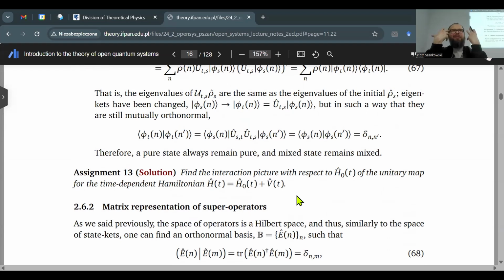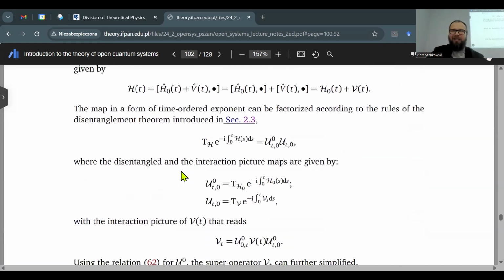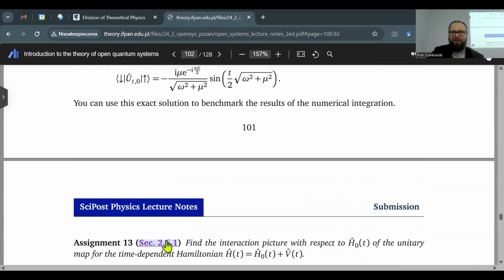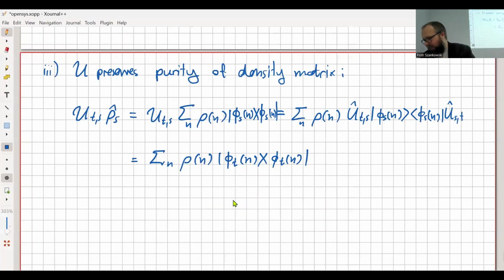So essentially, we had this disentanglement theorem, interaction picture, and stuff like that for the unitary operator. Of course, it translates to analogous stuff for unitary maps. Okay, so if you check the solution, everything's clarified, and you can just compare. And we should finish now. Sorry. That's c'est la vie. That's what we have to do.